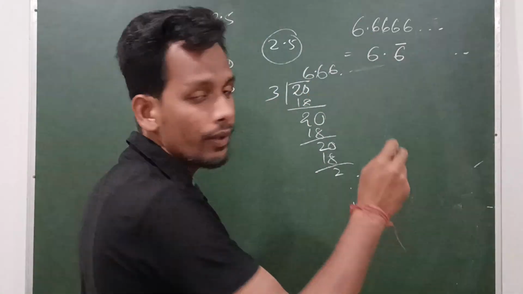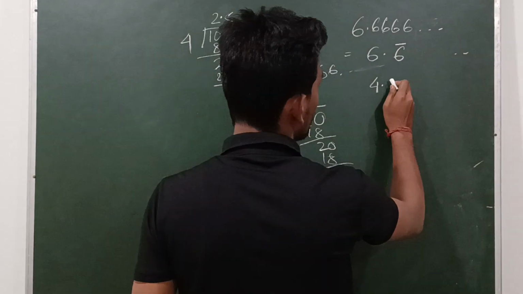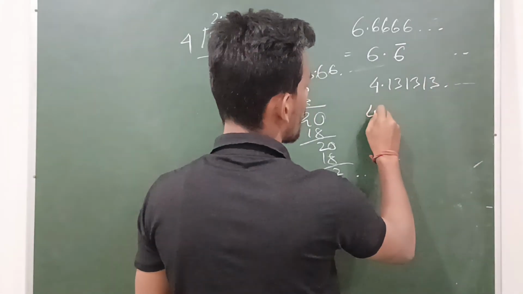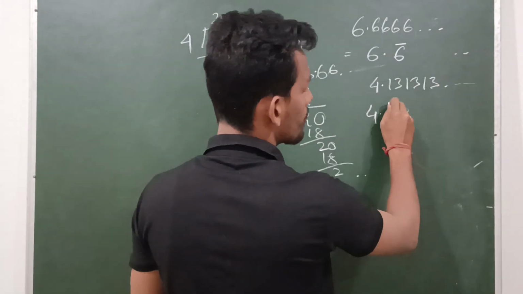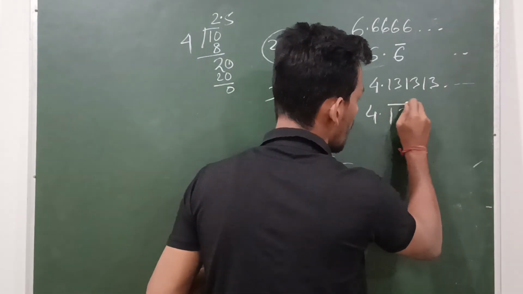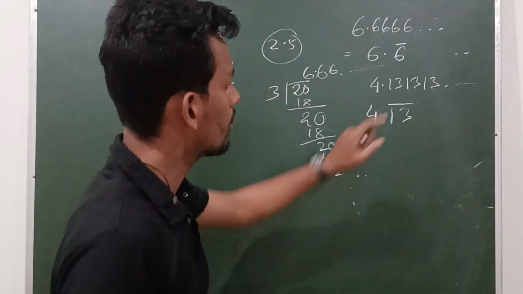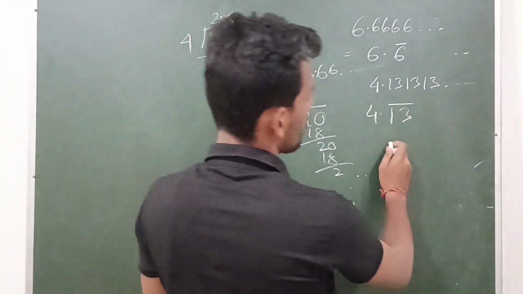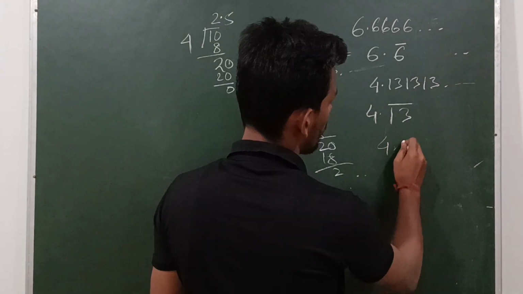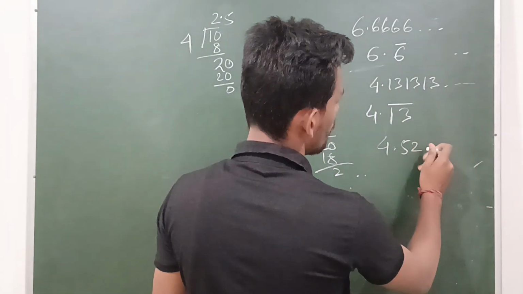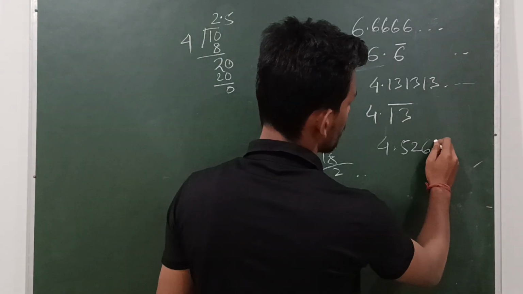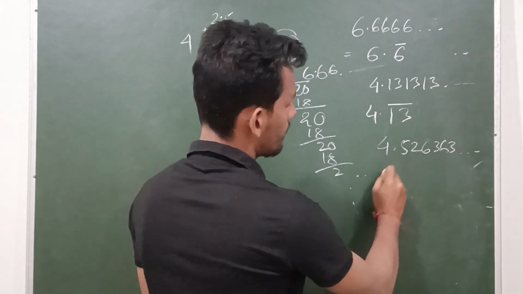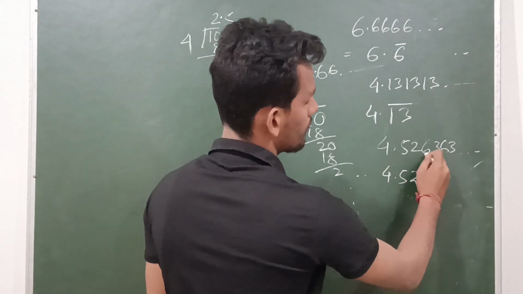Clear? If you get an answer like 4.131313, then you can write it as 4.13 with a bar above 1 and 3, because 1 3 is repeating. Clear? Next, if you find the number 4.52663, like this, then you can write the bar above 6 3, because 6 3 is repeating.